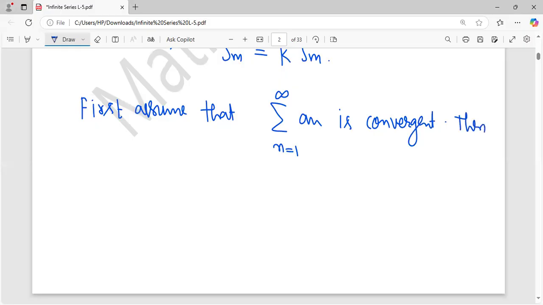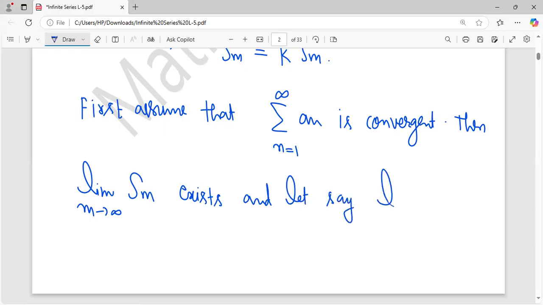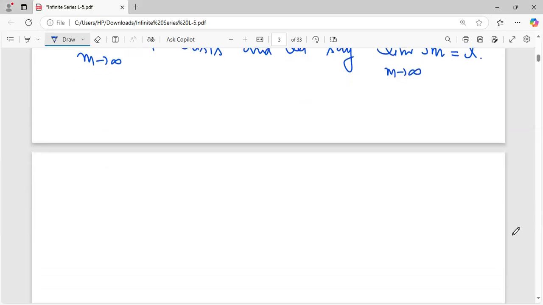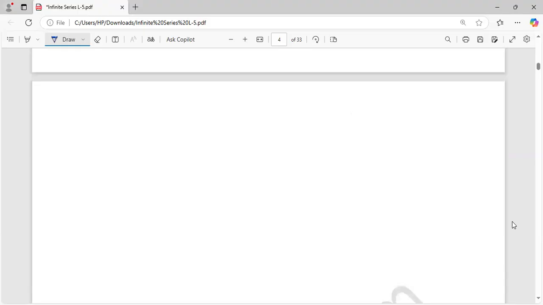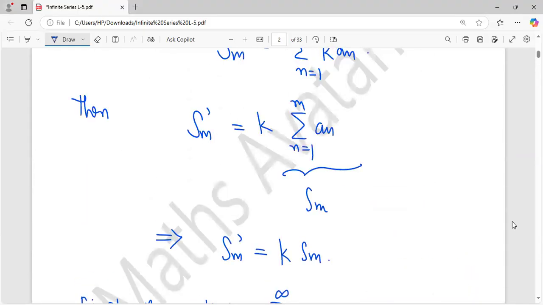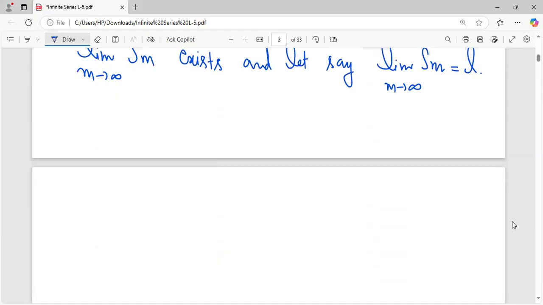Then the limit of m tending to infinity Sm exists, and let's say the limit of m tending to infinity Sm is equal to L. Now, what is the limit of m tending to infinity Sm dash?